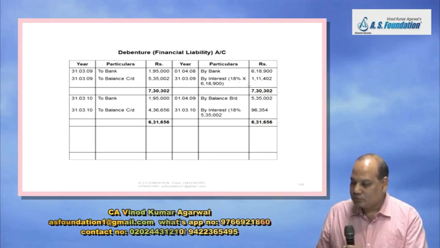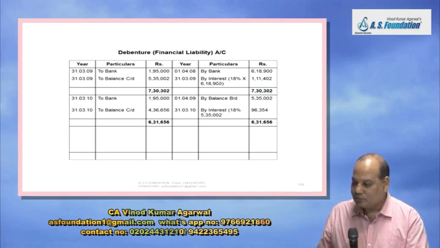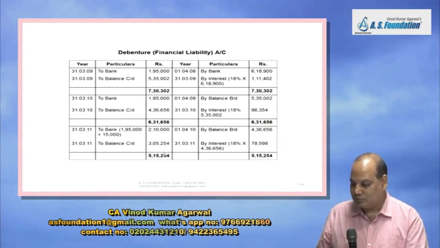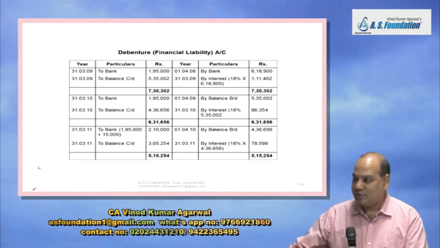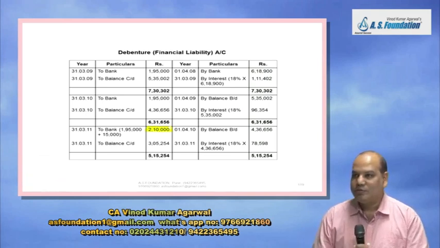Okay. This is just a payment made to the investor, 1,95,000. Second year balance is over. Third year, what is the balance you got? Third year, some students have made an error. They have written 1,95,000 here.